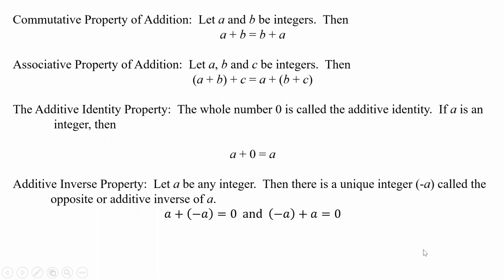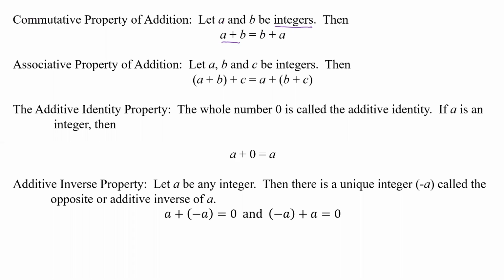All right, so we have similar properties here with integers as we did with whole numbers. And the only thing that changes is we're letting the A and B or C be integers. So we're going to have the commutative property of addition. And A and B are integers.